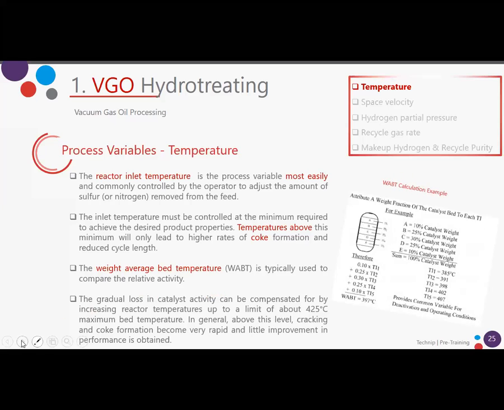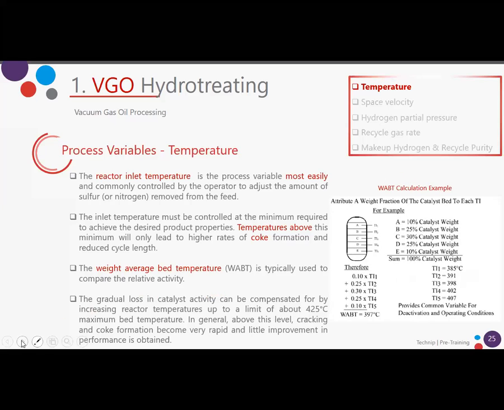So in this case, how will we calculate this weight average bed temperature? Okay, if we have several beds, we have here 5, but it's the same concept, and you have the amount of catalyst that you have in each bed.